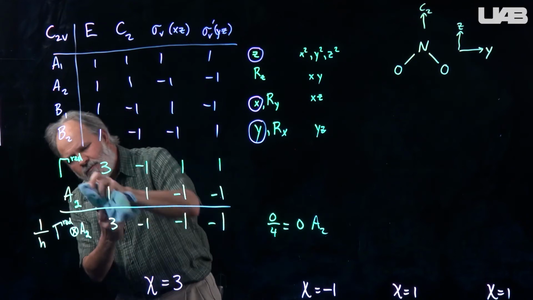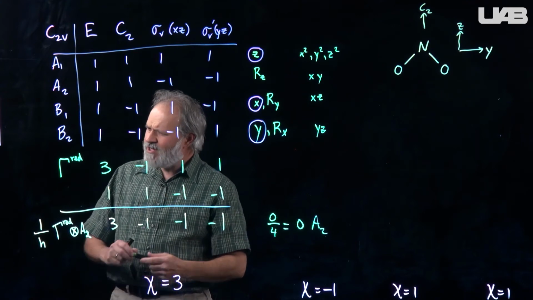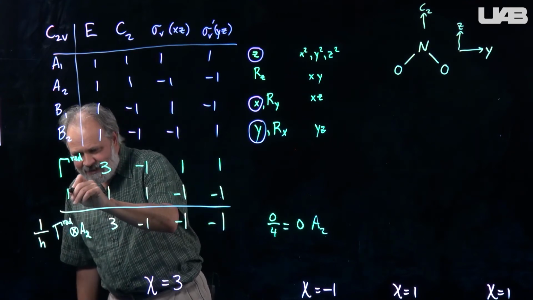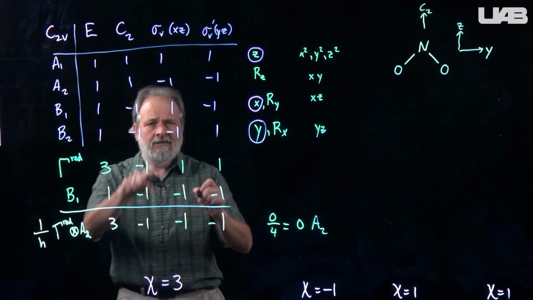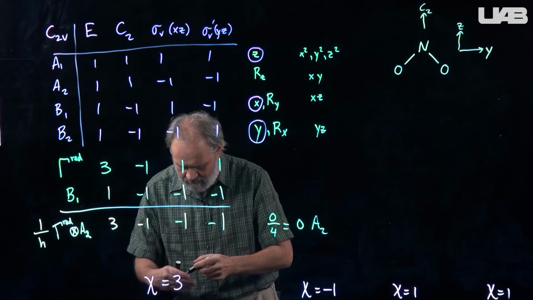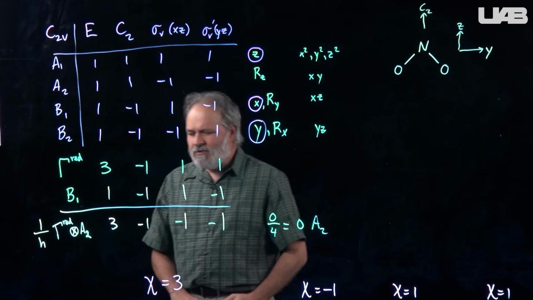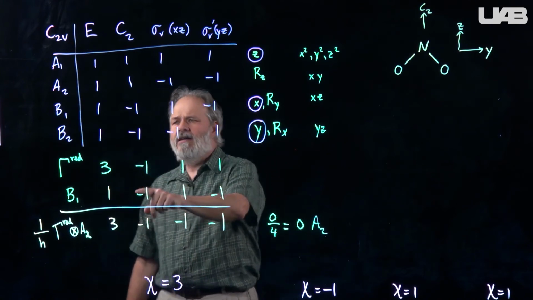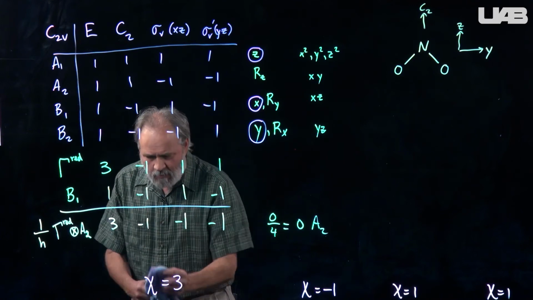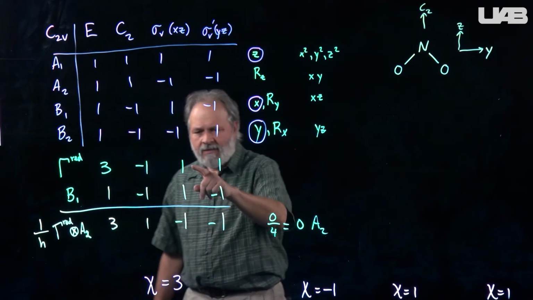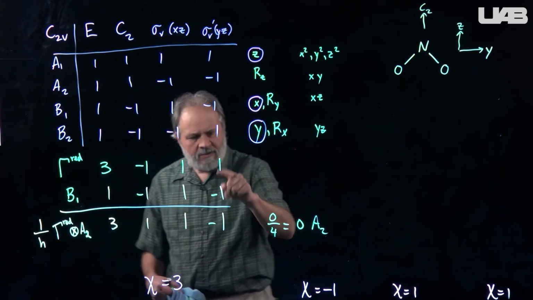Let's go ahead and do the B1. We'll make that a B1 and leave these erasures in there. B1 has a 1, a -1, a 1, and a -1. I just want to show how easy it is to do the same thing again and again and again. 3 times 1 is 3. Minus 1 times minus 1, plus 1. 1 times 1, plus 1. 1 times minus 1, minus 1.